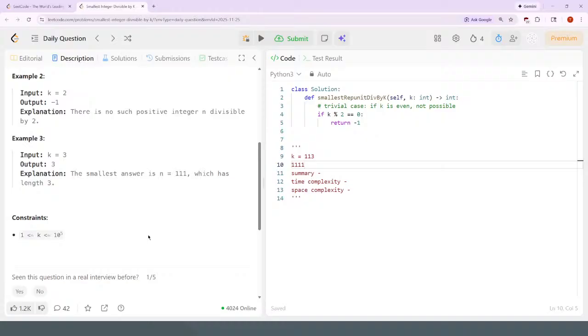I guess what I'm thinking about is how you relate a number that has p bits that are all 1 versus a number that has p plus 1 bits that are 1s. If there was a relation there, then there could be some sort of incremental calculation. So let's say 111 mod 113.